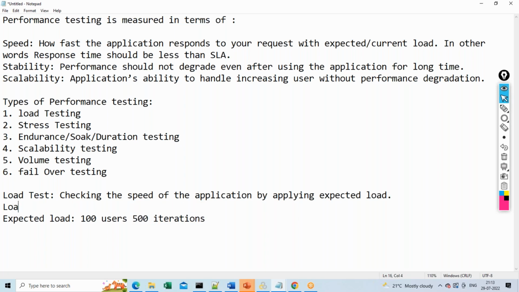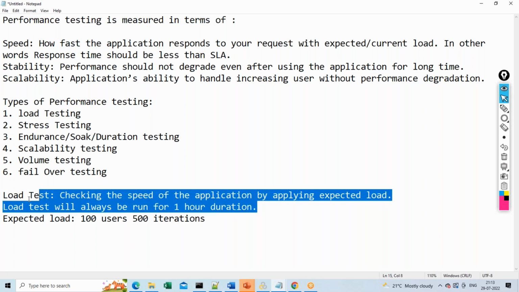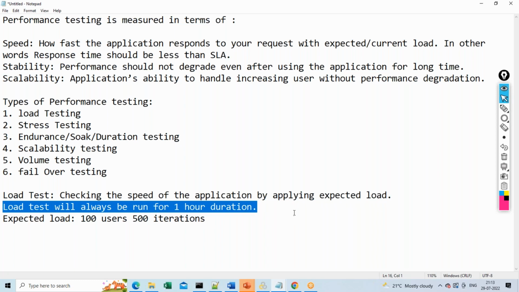Load test will always be run for 1 hour duration. Any load test will run for 1 hour duration. So when they ask you to run a load test, you should schedule it in such a way that it will run for 1 hour.